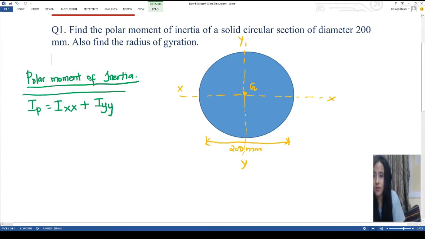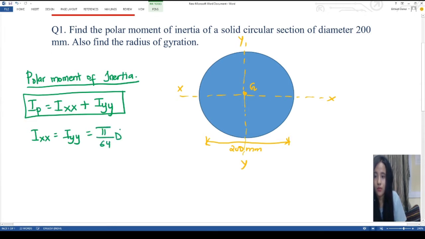Right, so this is its formula. Now, for a solid circular section, Ixx is equal to Iyy is equal to pi by 64 d raised to power 4. So I have pi by 64, and the diameter of this circle is 200 raised to power 4.